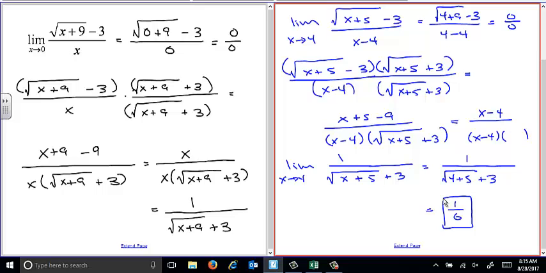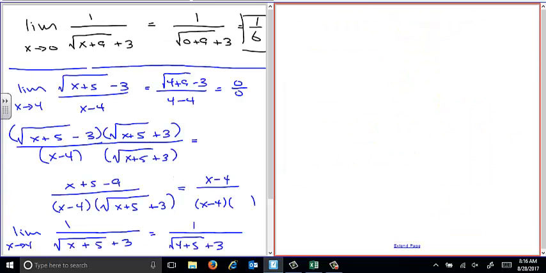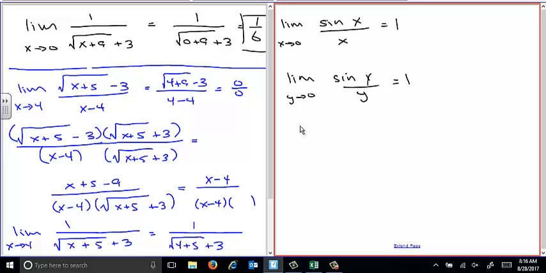Let me just give you a little example. The sine of x over x, that's the squeeze theorem. But if I did the limit of the sine of y over y as y goes to 0, that's equal to 1, obviously.